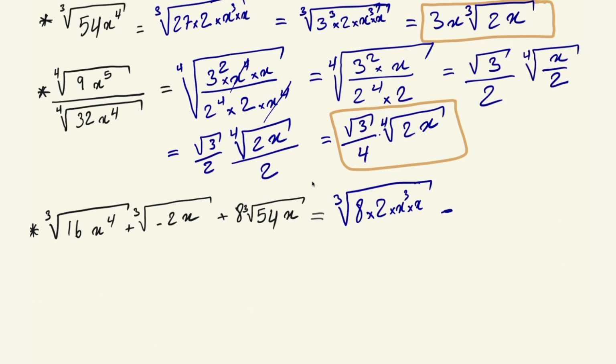Plus, we can make it minus because we can take this outside, so we'll go with minus the third root of 2x plus 8 times the 54, which is just 27 times 2. 27 times 2x. Don't forget this.